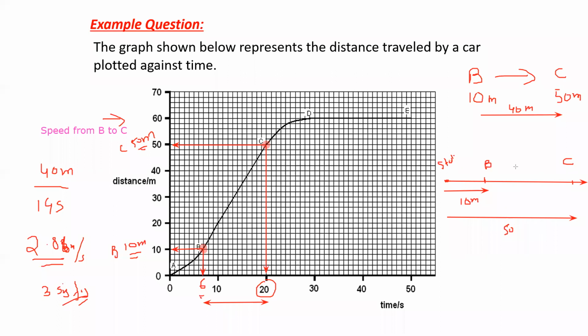The distance from B to C is 50 minus 10, that's equal to 40. Is it clear, Lamia? Is it clear to everyone how we got the speed?